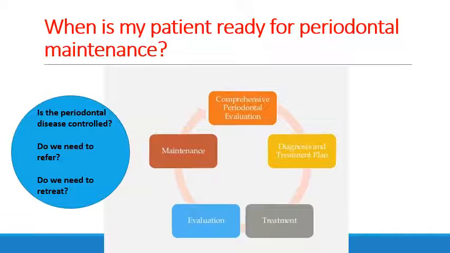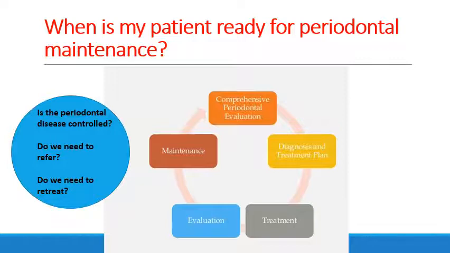If you bring the patient back in for a reevaluation appointment and there's just 1 to 2 spots that are still bleeding, and we talked about that last week, maybe we just want to retreat that area. If you feel that patient is taking your recommendations to heart and is ready to go 3 months without coming back for additional evaluation or treatment, then that's when you're ready for periodontal maintenance.